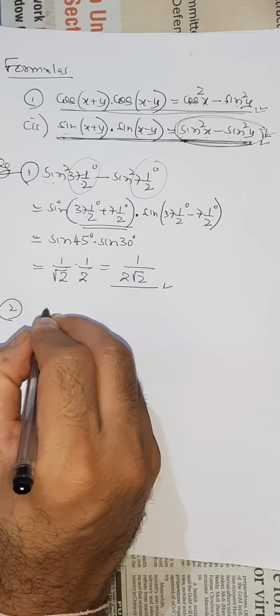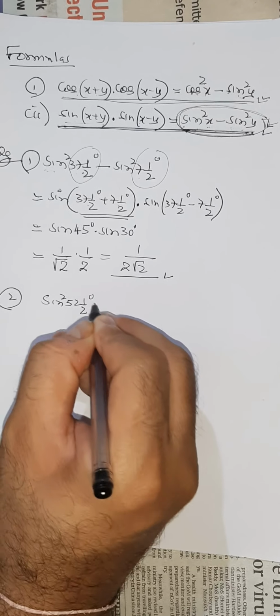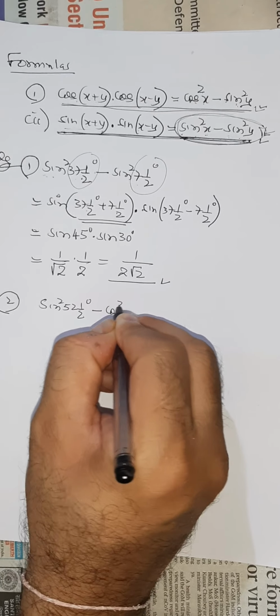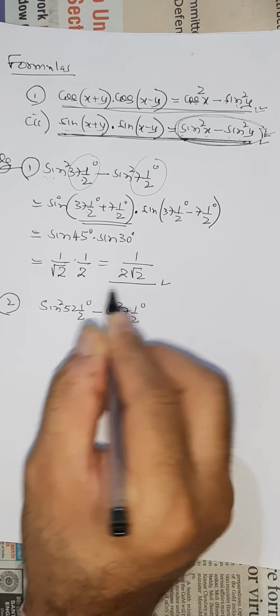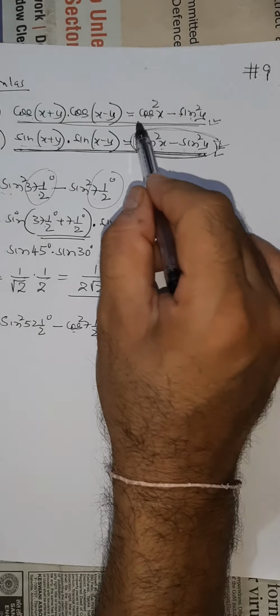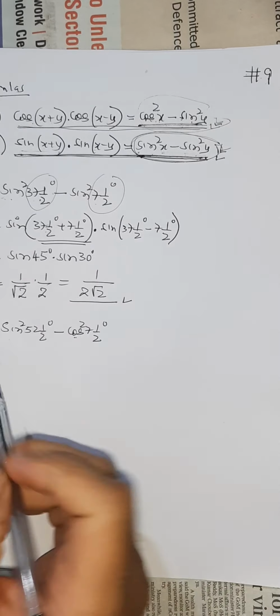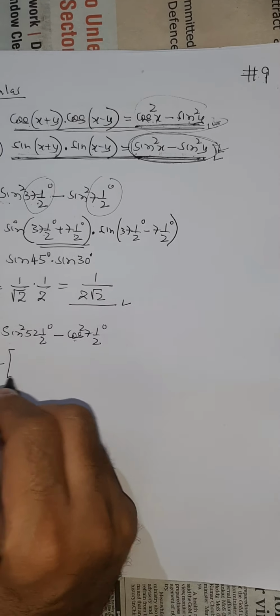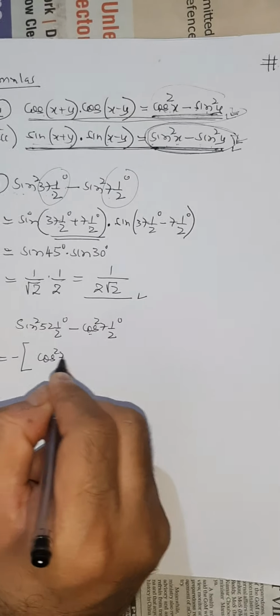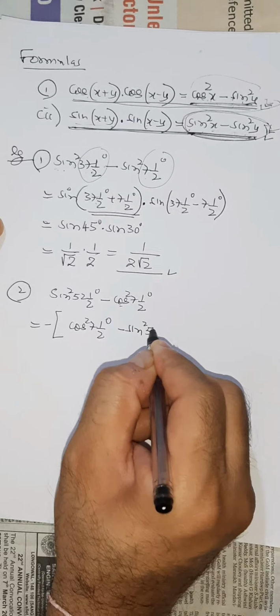Second one. Now next, suppose I want to get this sine square 52.5 minus cos square 7.5. Now this is about cos and sine. So look at this. I need cos first and then sine. So I'll take minus common. So cos square 7.5 minus sine square 52.5.